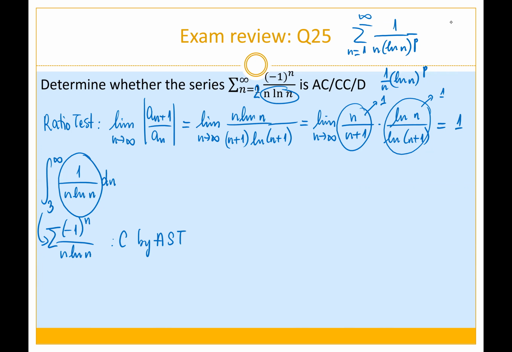Yes, it is the integral test, but look at this one first: is it an alternating series? If you use the alternating series test, you're going to see that this series is convergent. However, to see if it's absolutely convergent or conditionally convergent, you have to determine the convergence of the absolute series, which is just 1 over n ln of n.